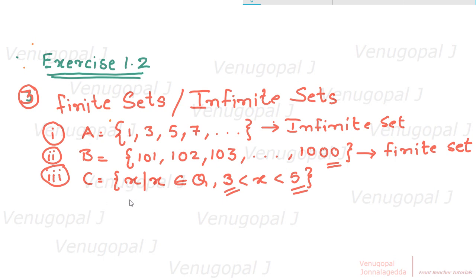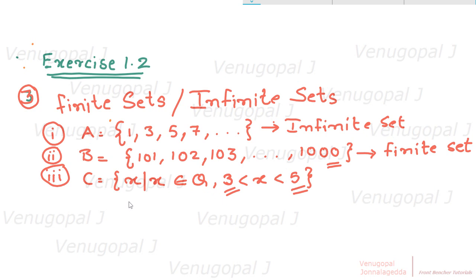Okay, so here we have a set which states that C equals x such that x is an element of rational numbers, 3 less than x less than 5. That means it is a set of rational numbers.